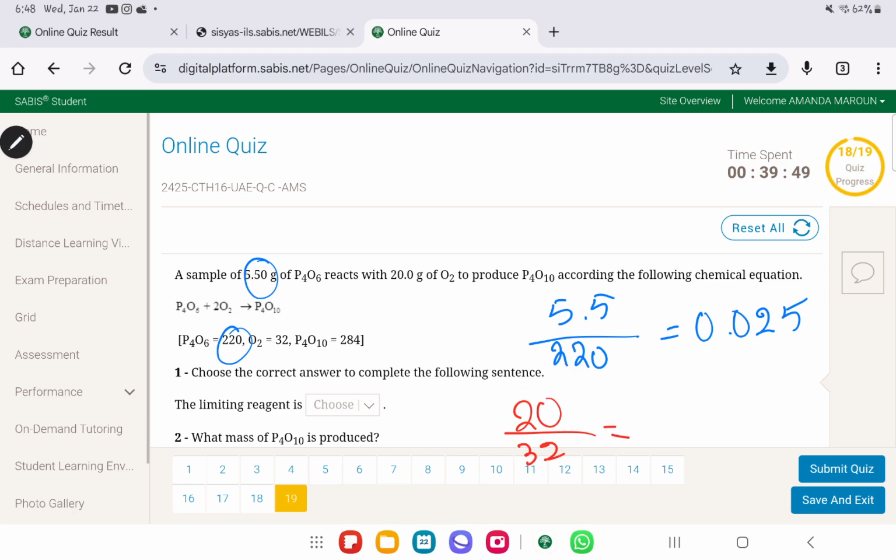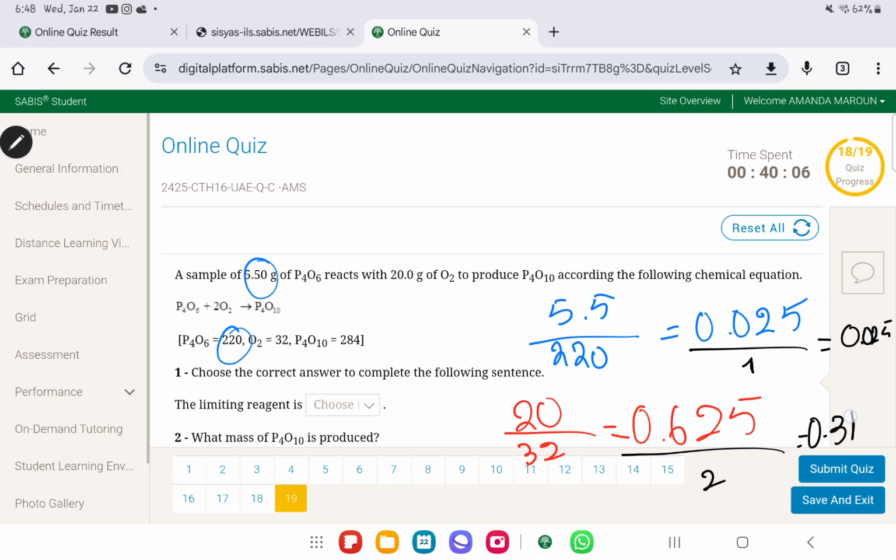If you put it on the calculator, you are gonna get 0.625. Now, to find out which one is the limiting reagent, we are gonna divide by their coefficient. So divided by 1 and divided by 2. This stays 0.025. This one, however, becomes 0.3125. So this is definitely smaller.